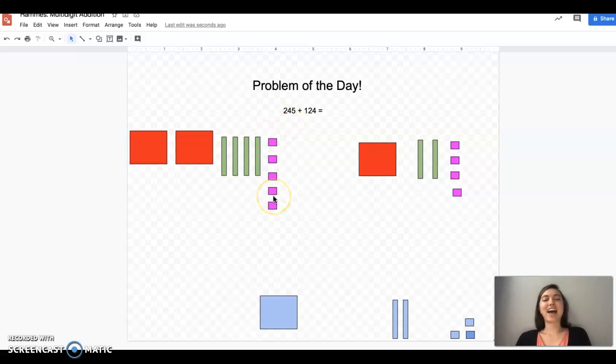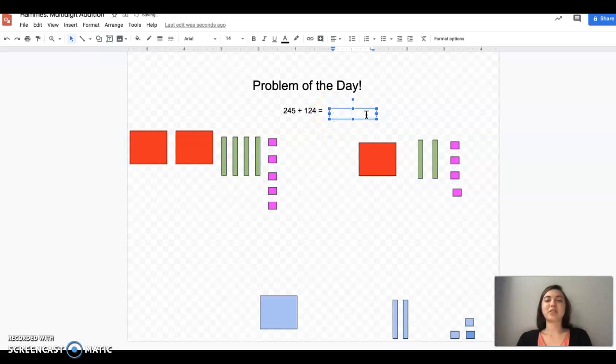So, if I count up my ones, 1, 2, 3, 4, 5, 6, 7, 8, 9, let's write down our total. My total number of ones is 9 ones. All right, let's look in the tens place. How many tens am I going to have in total? 1, 2, 3, 4, 5, 6.